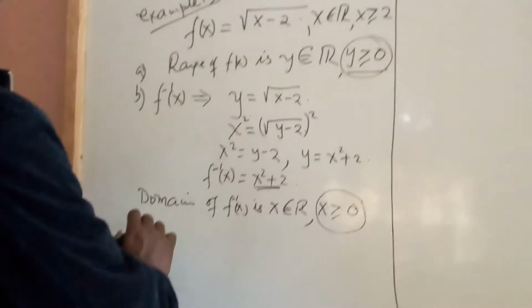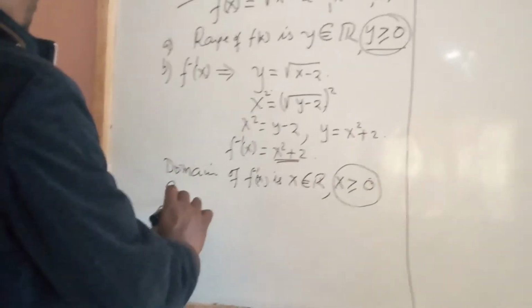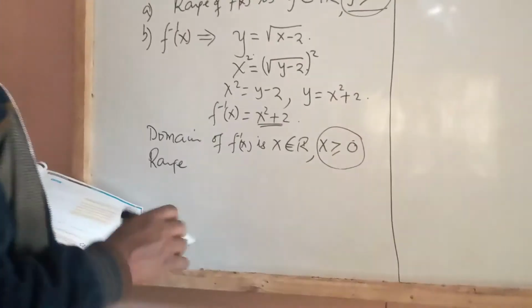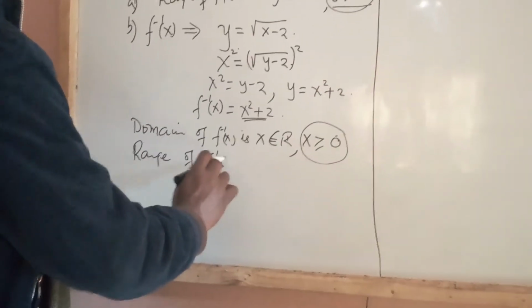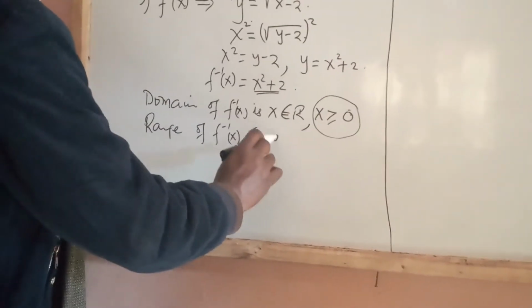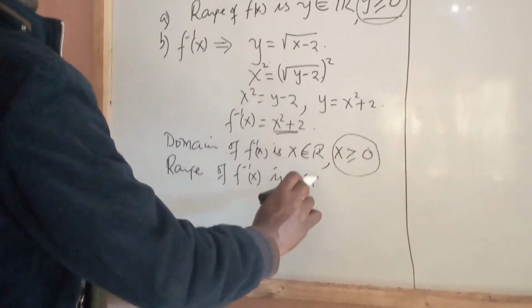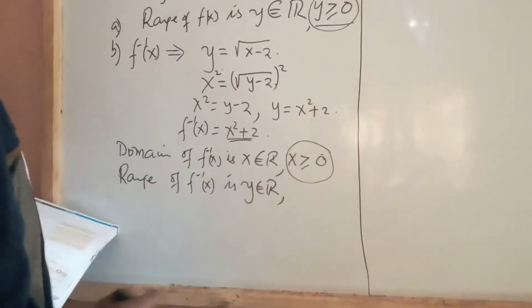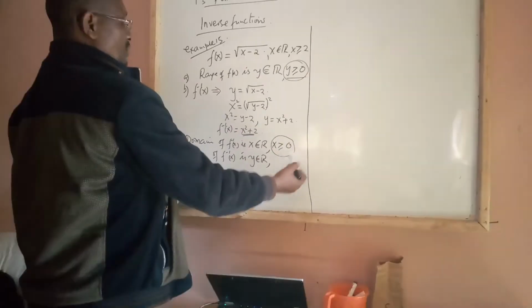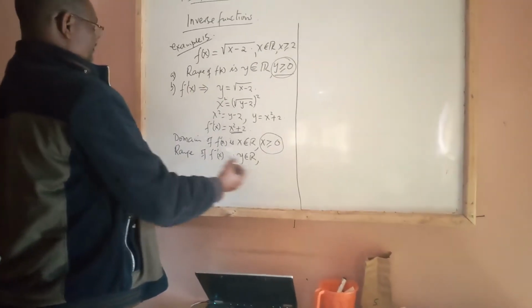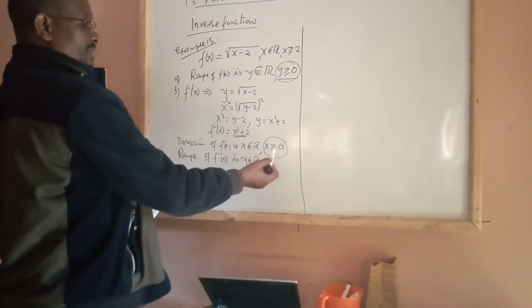What about the range? The range of the inverse function, or the range of any function, is the value of y, where y is a real number, and it will be determined by its domain. The least value of x in the inverse function is 0.